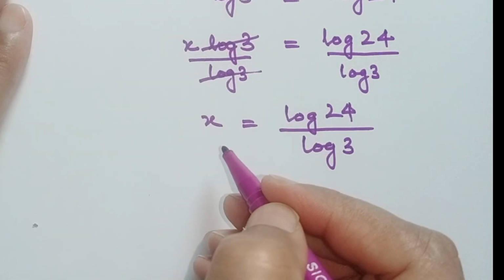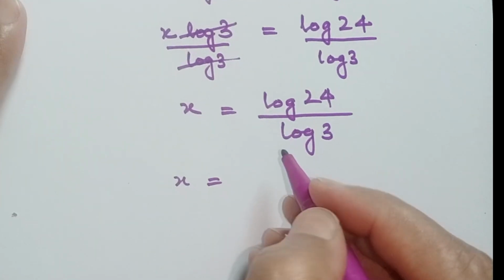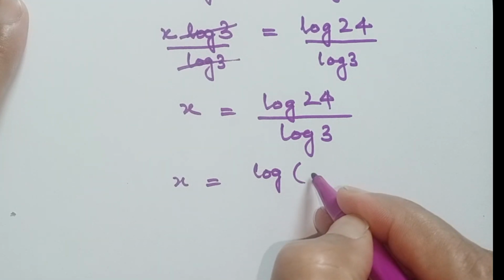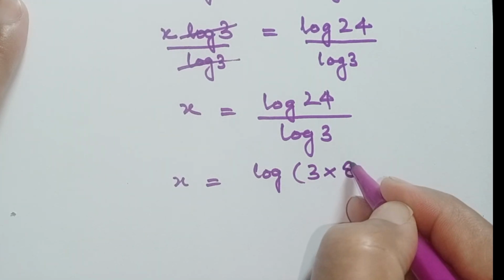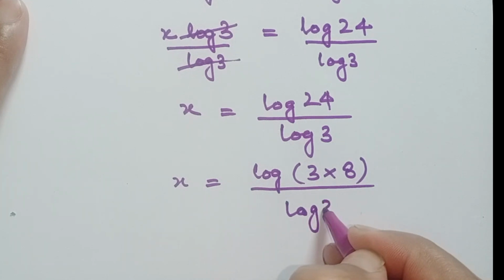So in the next step, we will write x is equal to log 24, which can be written as 3 times 8, divided by log 3.